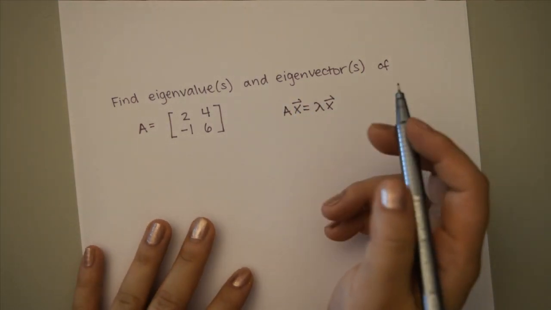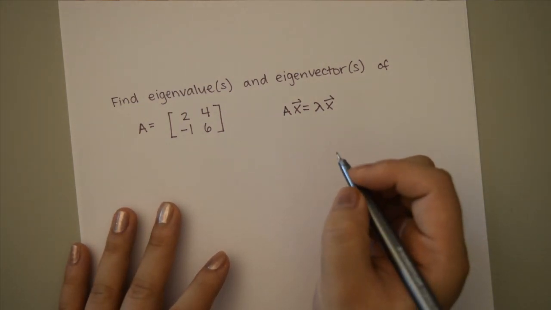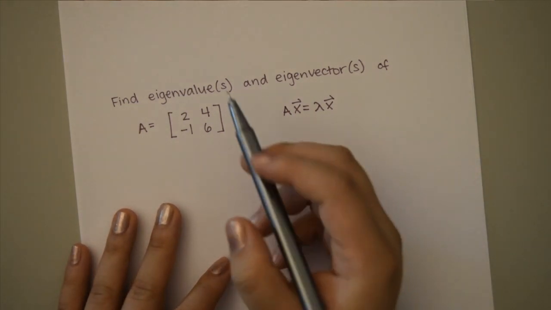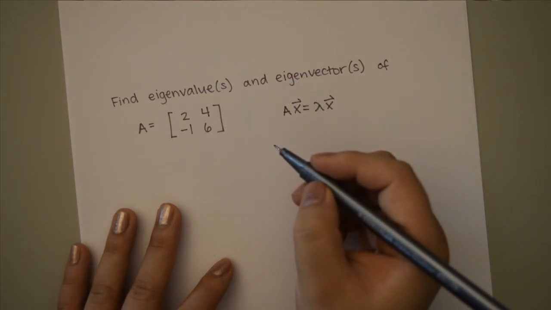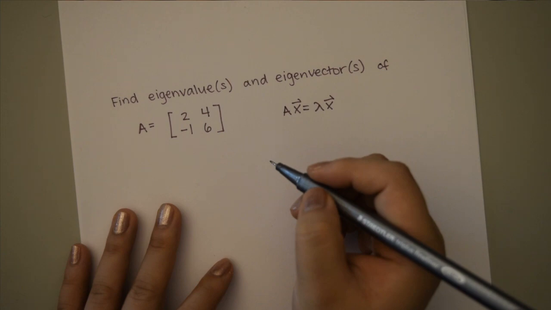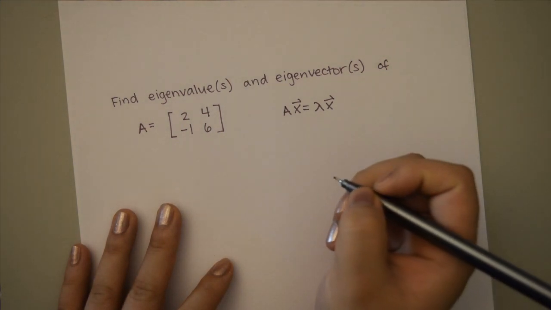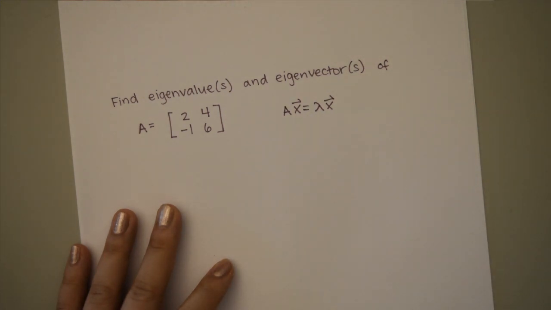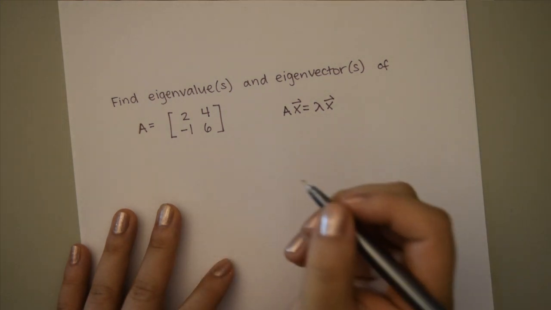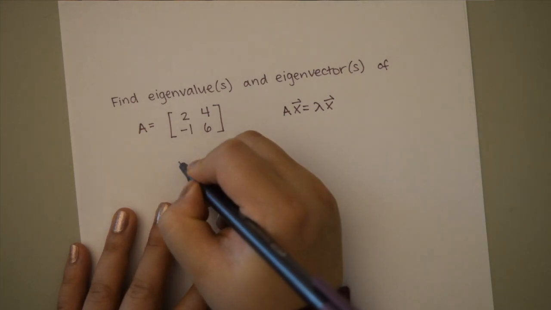We haven't really talked about this in depth or anything on this channel yet, but I just wanted to work through this example in case any of you are studying linear algebra. I know that there are at least a few. So when we rearrange this, really we need to find the characteristic polynomial.